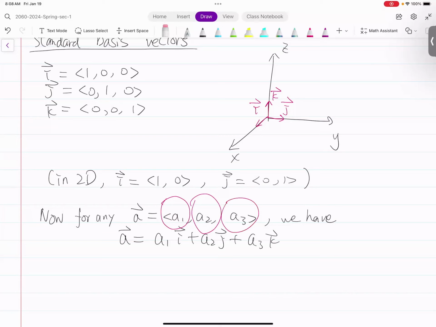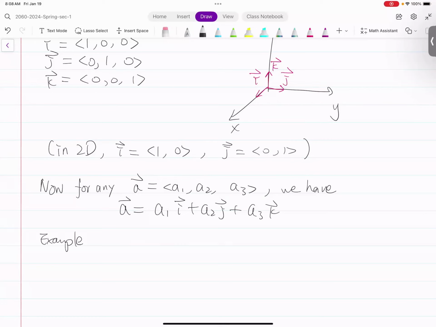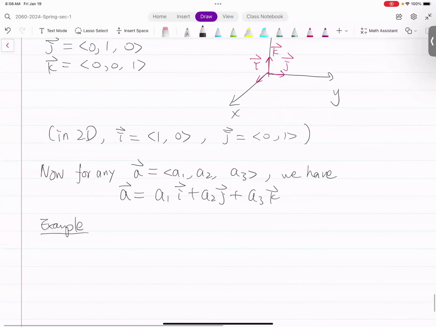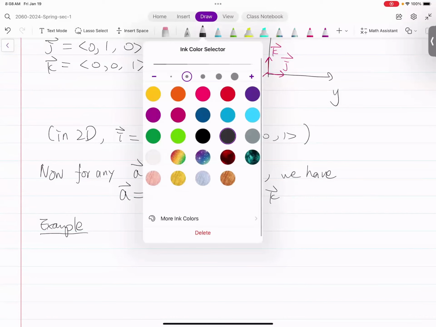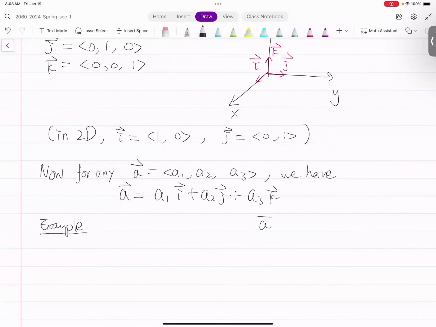Of course, if we sketch it in 3D, it's also doable. We just need to be careful when we draw that rectangle, since those axes are going to be dashed lines. Let's say we want to sketch the vector A equal to (1, 3, 1).